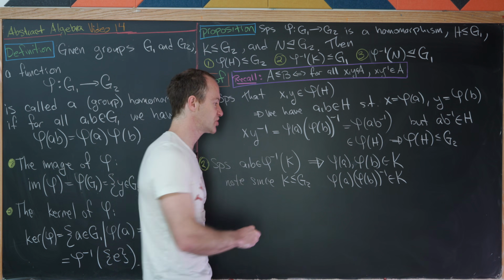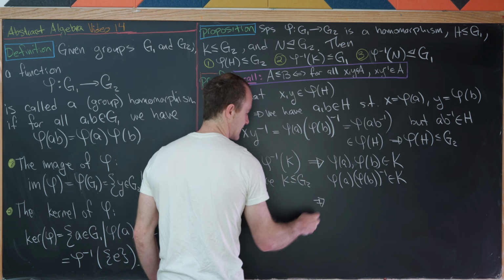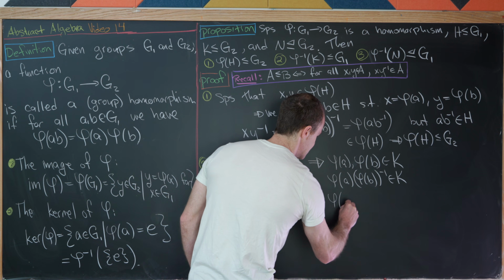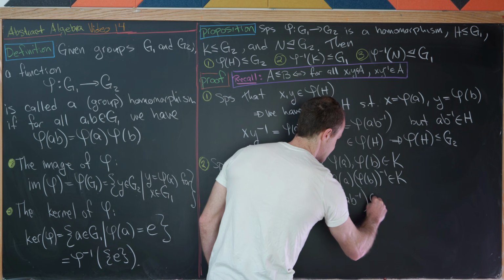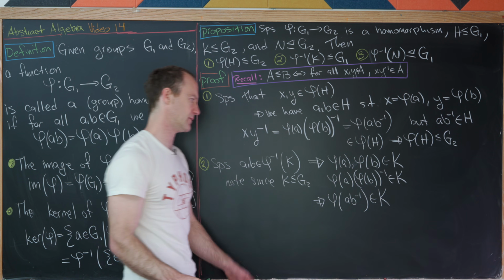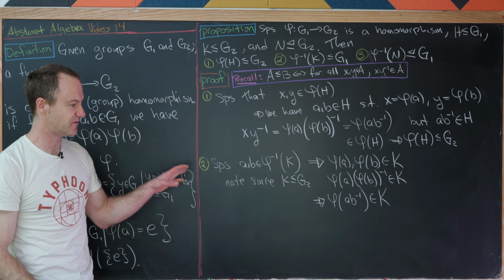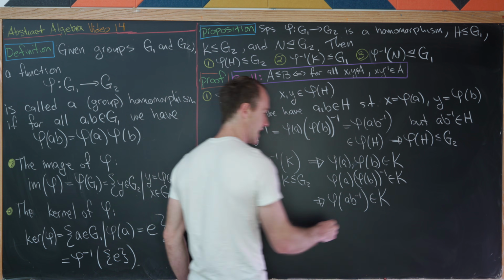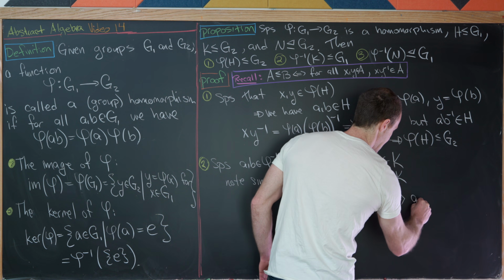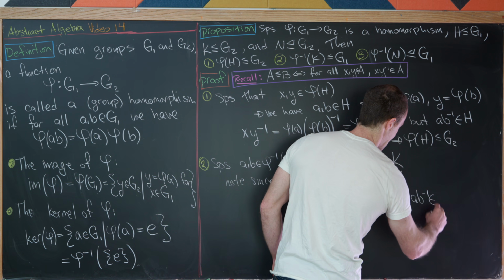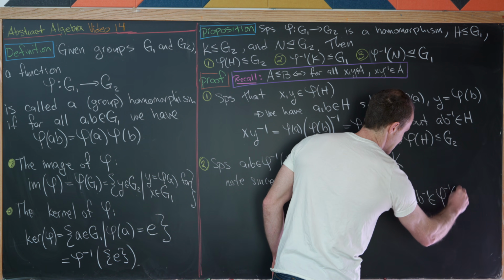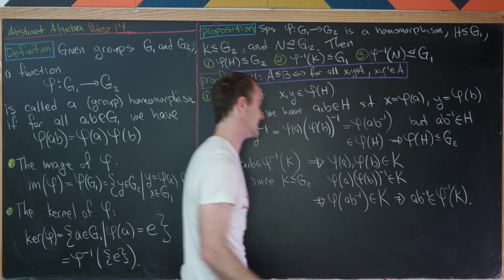But now we can push these two things together using the fact that phi is a homomorphism. This gives us phi a b inverse is an element of K. Again, by pushing those two together. But if phi a b inverse is an element of K, then that means that a b inverse is in fact an element of phi inverse of K as needed.